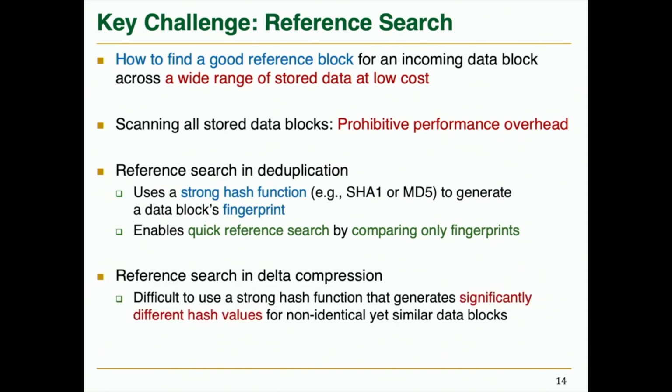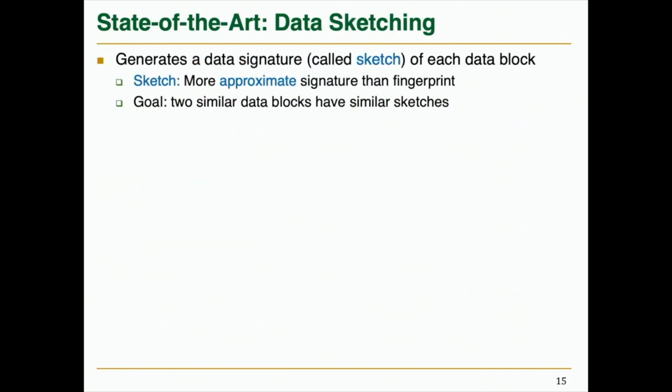However, fingerprint is difficult to use for data compression, as a strong hash function is typically designed to generate significantly different hash values, especially for similar data blocks, in order to minimize the hash collision rate. So to address this, the prior work proposes a different approach called data sketching that generates a more approximate signature than fingerprint called sketch, such that two similar blocks have similar sketches.